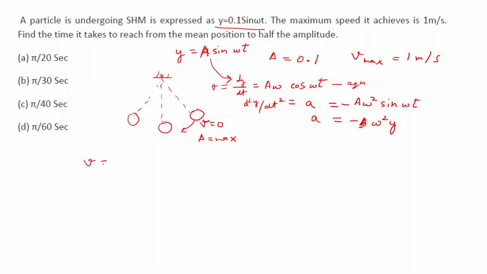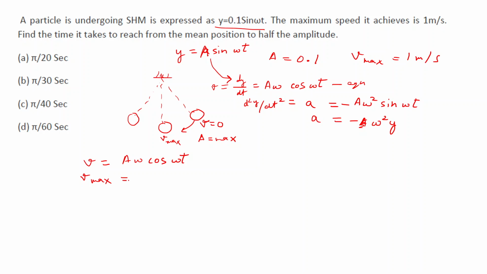So velocity, which is A omega cos omega t, its value will be maximum. V will be maximum when, here you see it's 0 at extreme displacement, but its value is maximum at the mean position. Its velocity is maximum.